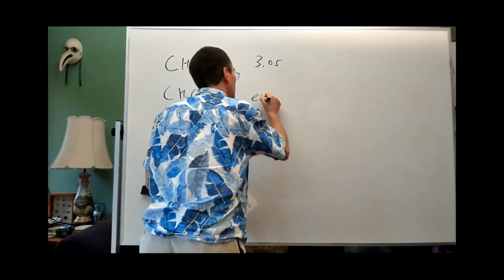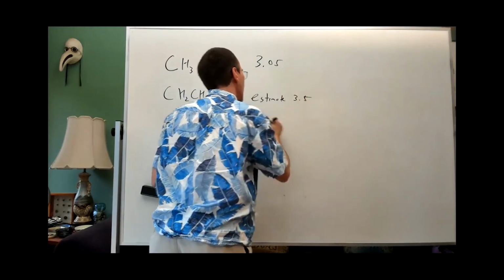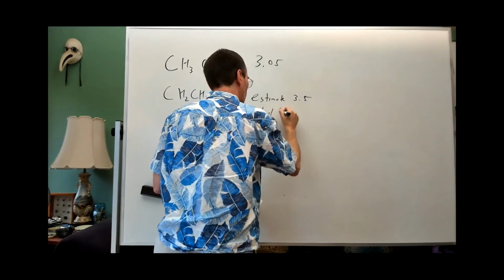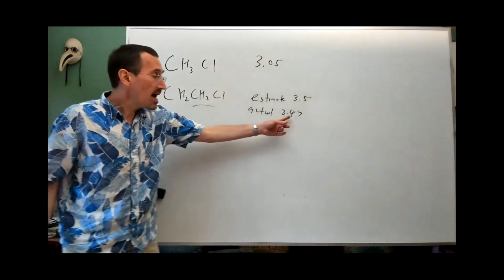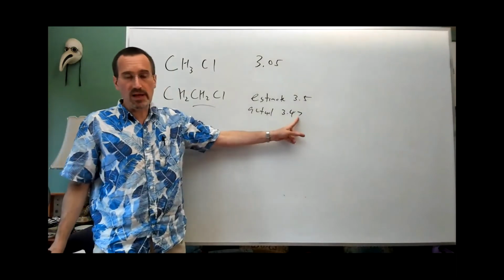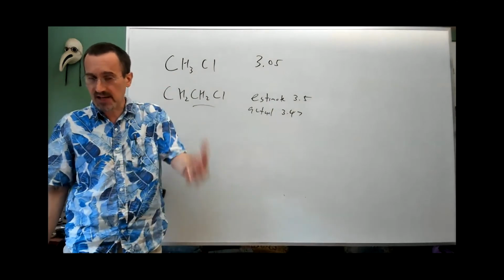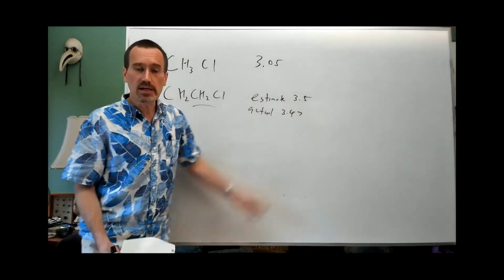So we'd estimate 3.5, and the actual is 3.47. Spot on. And this last decimal place is going to change if you're in deuterobenzene or deuteroDMSO or deuterochloroform, but you're going to know what you're looking for.